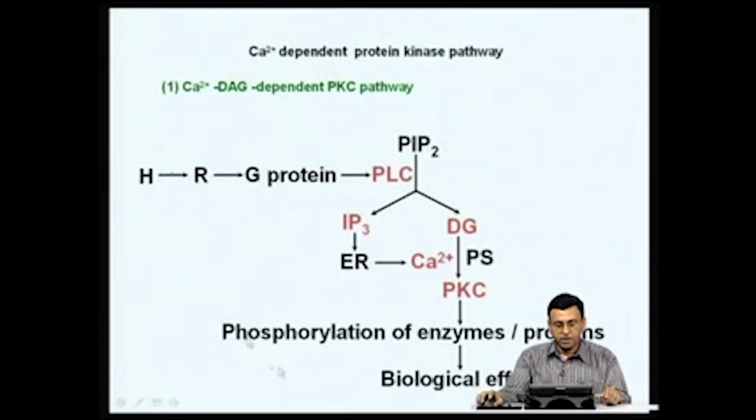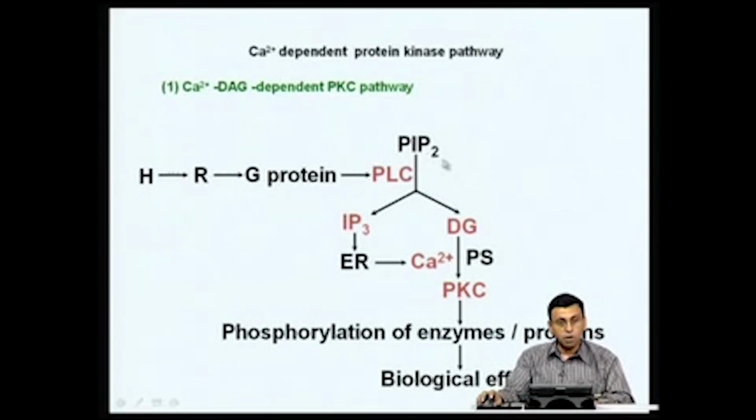So, this is a brief schematic that gives you the crux of what we are going to discuss now. Once the hormone binds to a specific cell surface receptor, it results in the activation of a trimeric G protein, and the G alpha subunit of this G protein now activates phospholipase C. So, in the case of the cyclic AMP pathway, the G alpha S subunit activates the adenylate cyclase, and as a result you get the synthesis of cyclic AMP, but here the G protein activates phospholipase C, and as a result you get the synthesis of two different second messengers, namely inositol triphosphate and diacylglycerol.